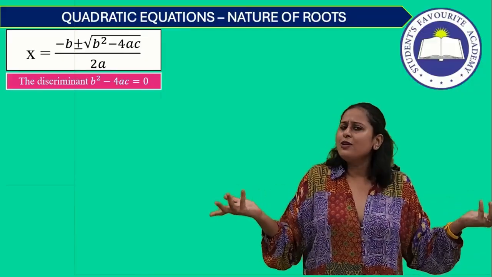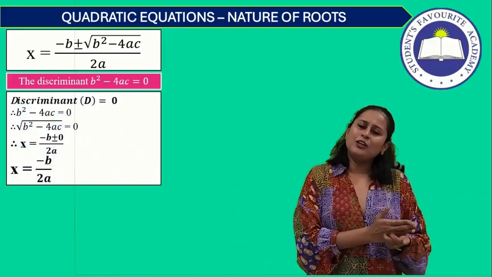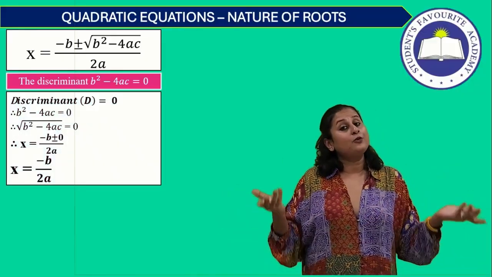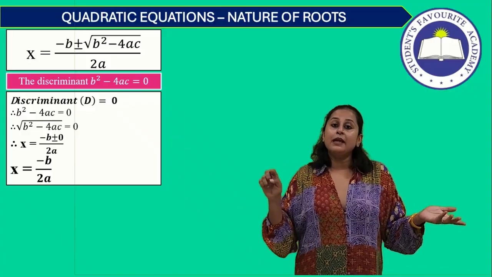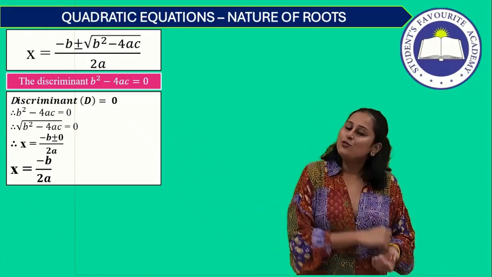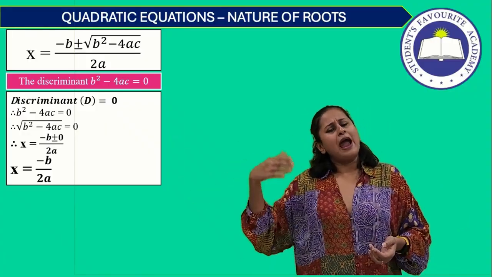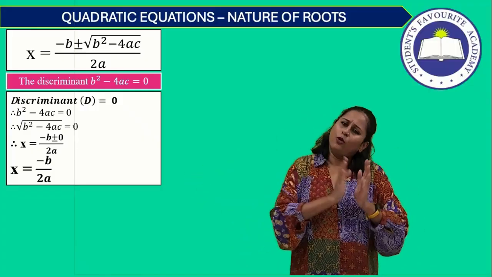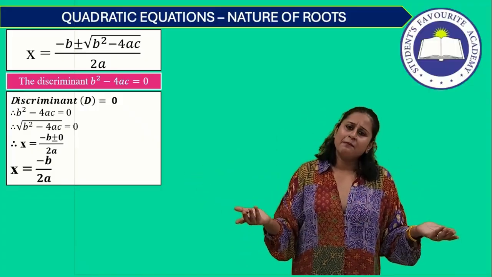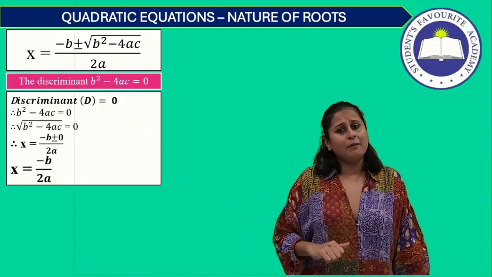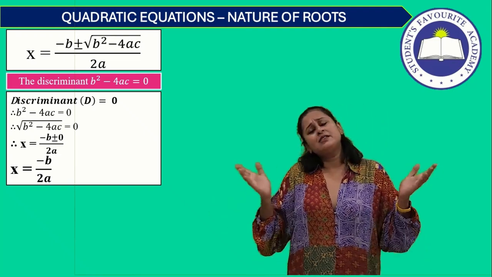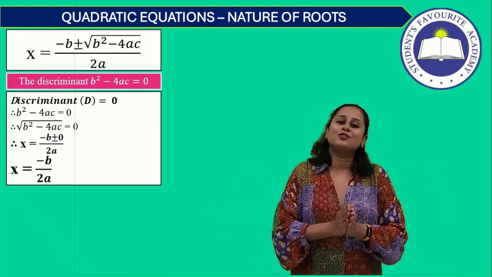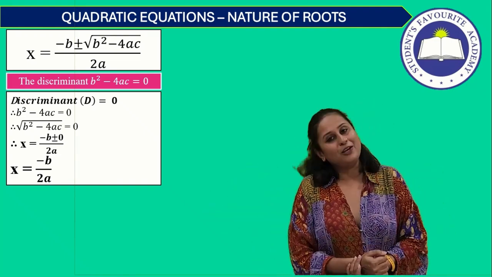Because then what are you left with? What is the value of x then? x is equal to minus b plus minus 0 upon 2a. If you add 0 to a number, whatever the value, it remains the same. And if you subtract 0 from a number, it still remains the same. 0 really does not add any value to any equation.